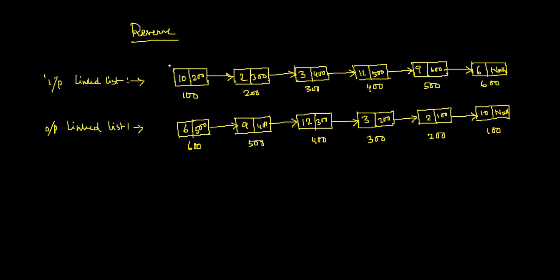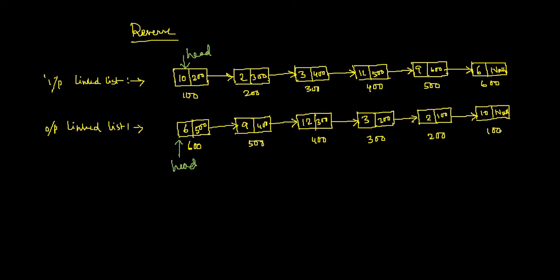Whatever the first node was in the input, it was head and it was at the end, but in the output the last one becomes head and the first one becomes the last one. So the total architecture of the linked list has changed. That is what reverse is. So how to do this? It's not going to be very easy.